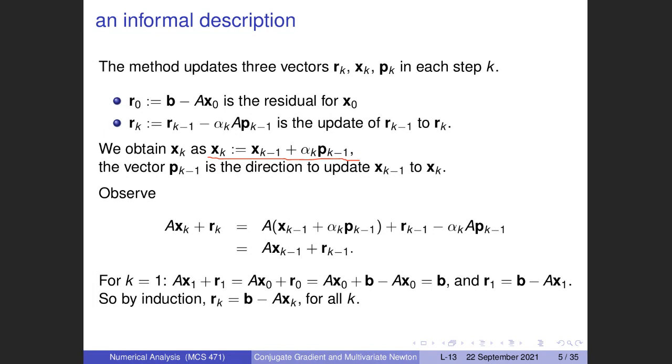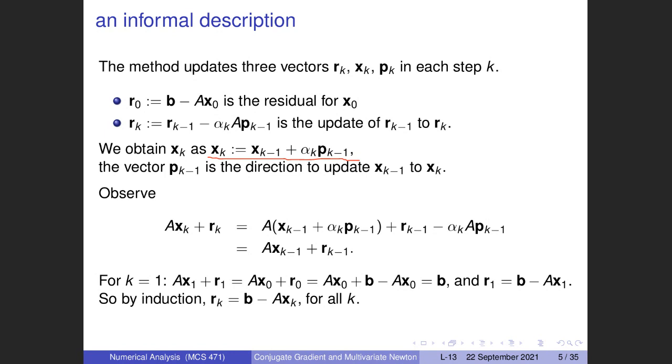We can already observe a relationship between two consecutive r vectors. The r naught is obviously the residual, but it's not obvious that any other r vector is also a residual. This relationship makes this clear.